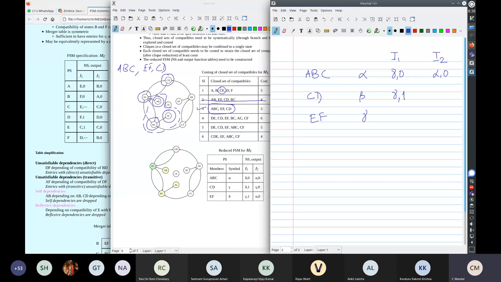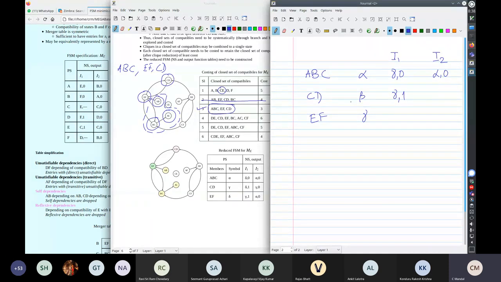And on I2, for CD on I2, it goes to C. Now look at this, it is going to C and D is going to D, right?